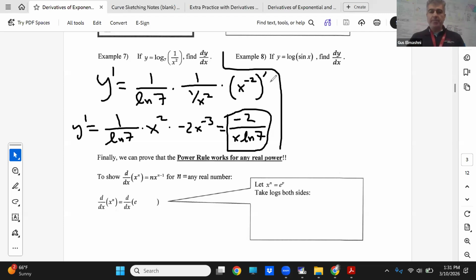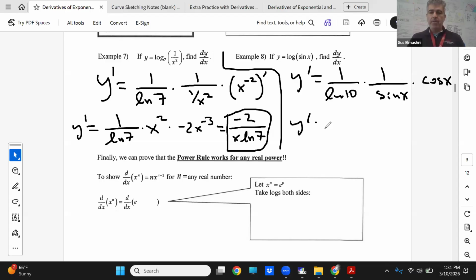Or for example 8, y prime. What's the base if you don't see a base? So do 1 over natural log of 10. So it's the opposite of the exponential function. 1 over sine x. And derivative of sine x is cos x. So you should get y prime equal, and 1 over sine is cosecant.